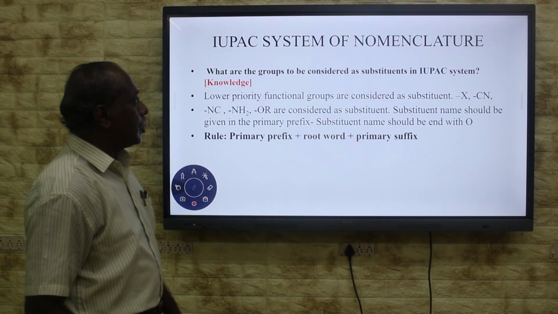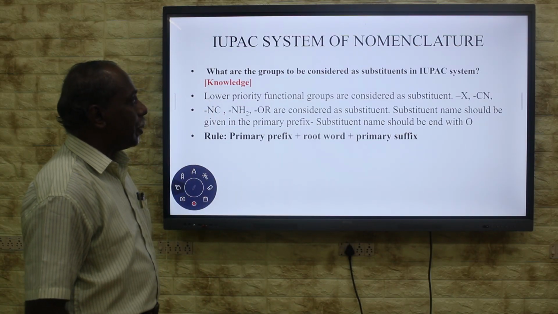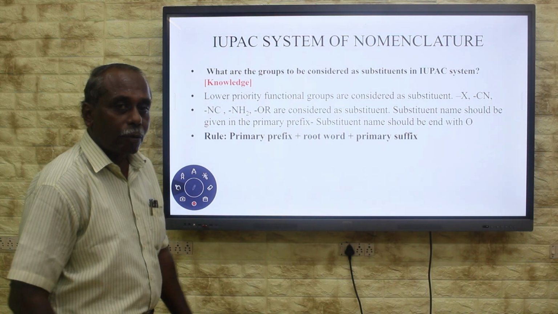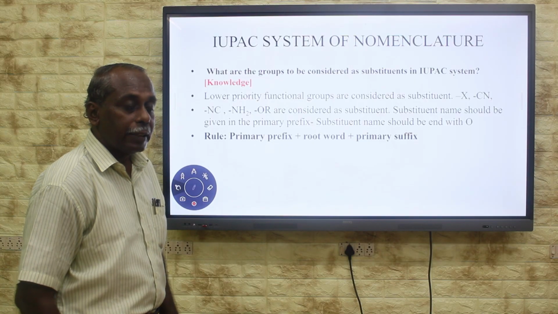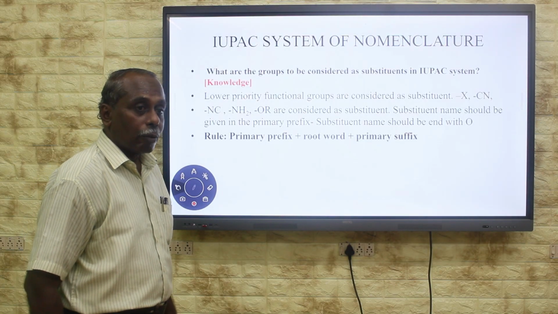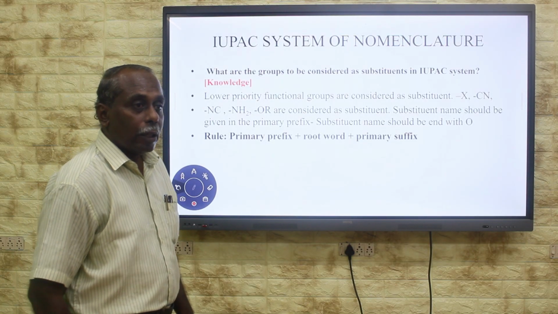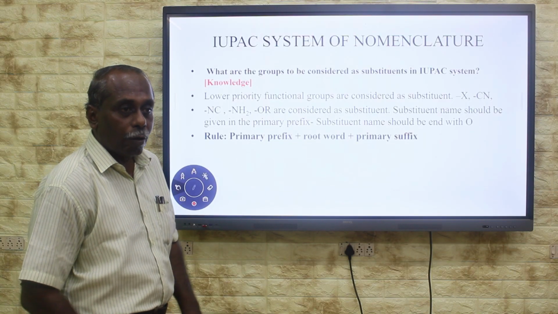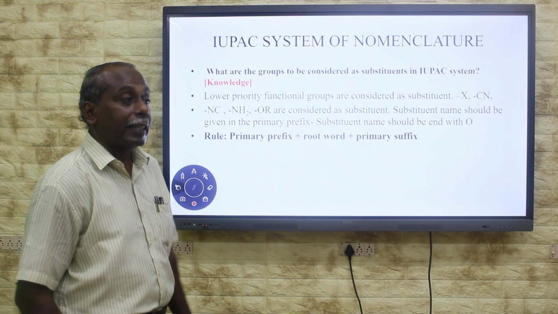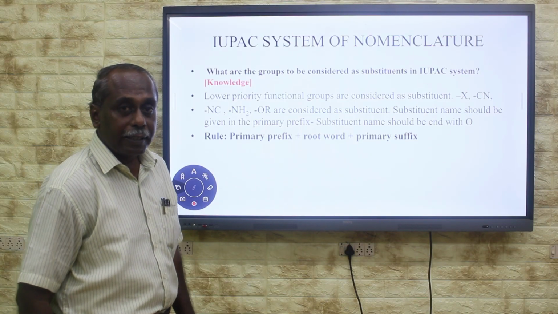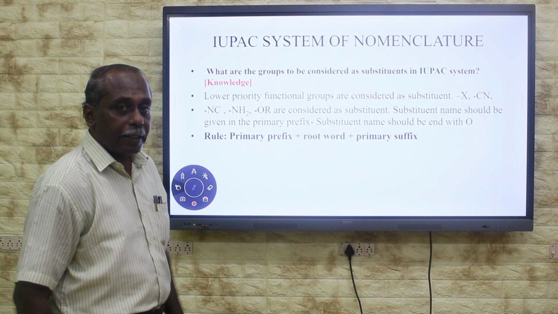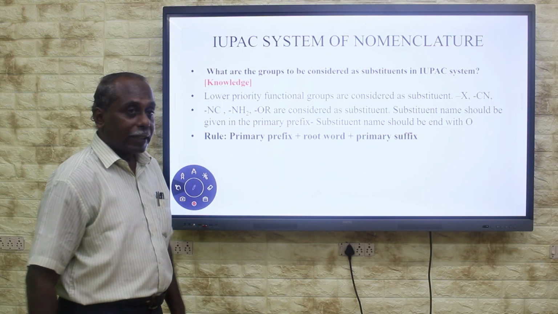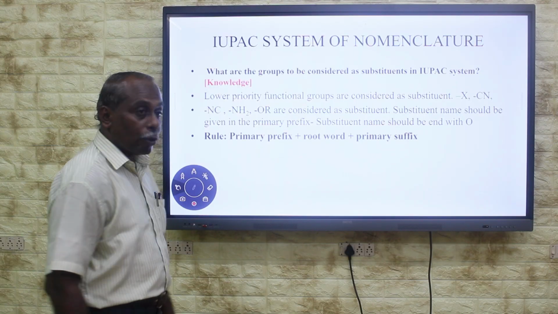Then what are the groups to be considered as a substituent in the IUPAC system? In the IUPAC system, some of the groups are considered as a substituent, even though they are functional groups. They are said to be functional groups of lower periodicity. Lower periodicity functional groups are considered as a substituent: halide, cyanide, amine (NH2), alkoxy group, isocyanide.